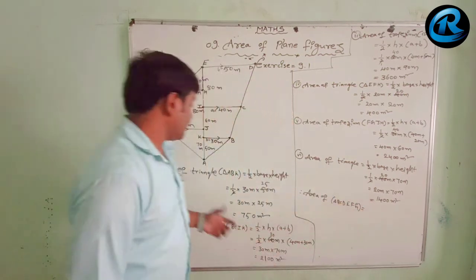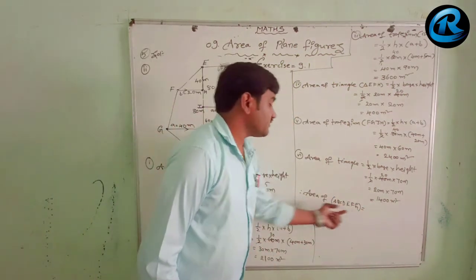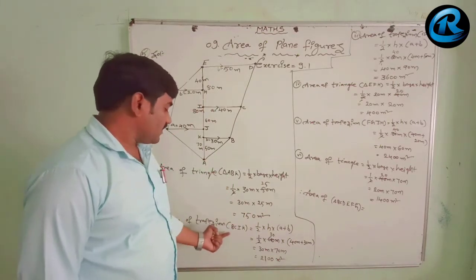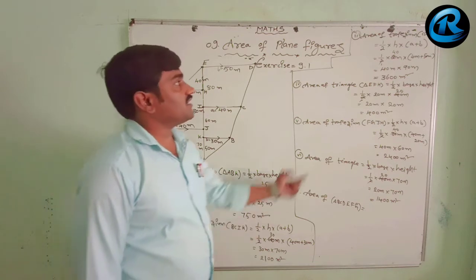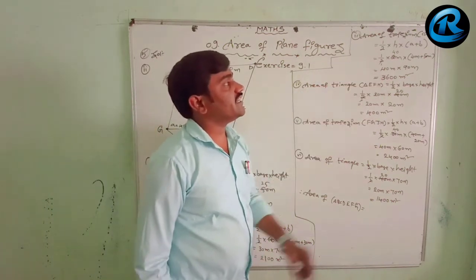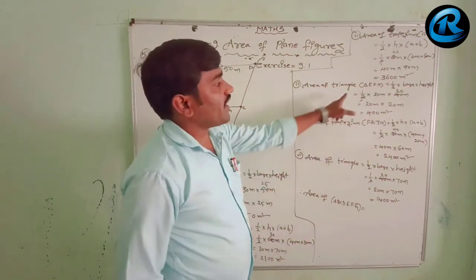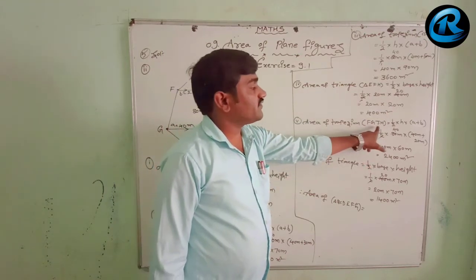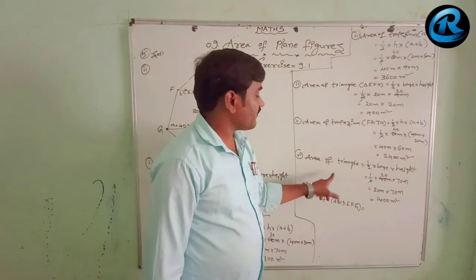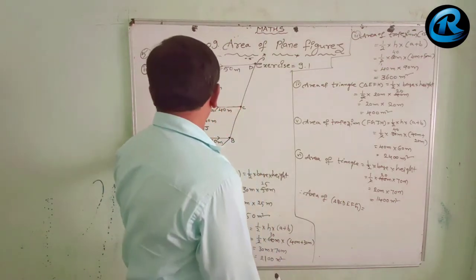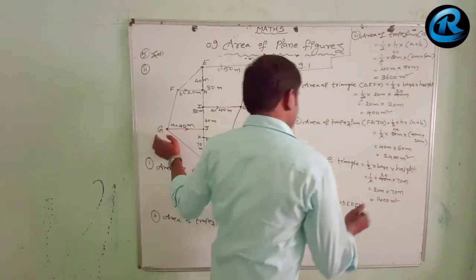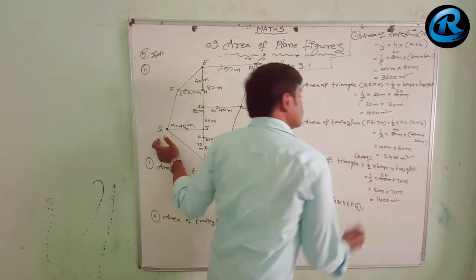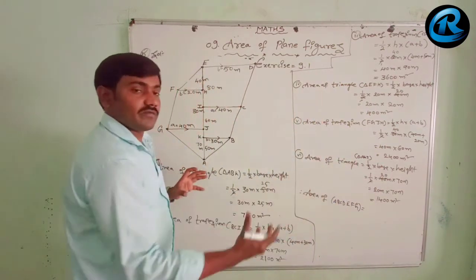The area of A, B, C, D, E, F, G equal to area of triangle ABK plus area of trapezium BCIK plus area of trapezium CDEI and area of triangle EFH and area of trapezium FGJH and area of triangle AGJ. So if you write those names, then only it will be perfect.